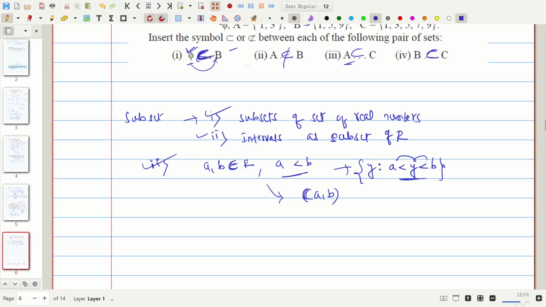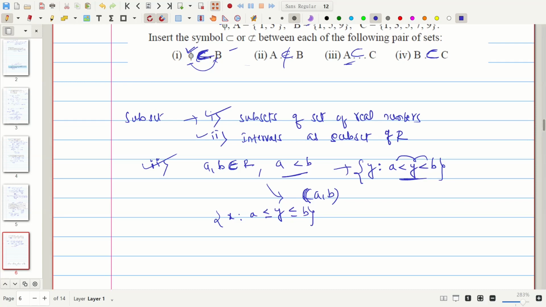Suppose the condition is given: x is such that a is less than or equal to y and y is less than or equal to b.